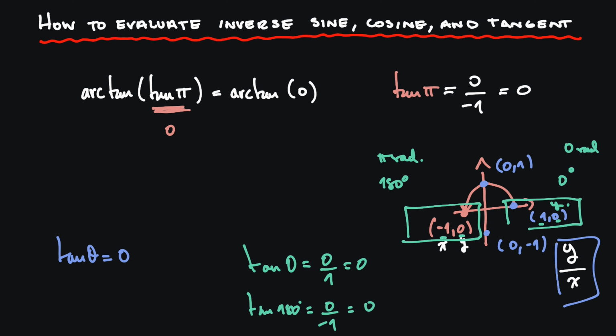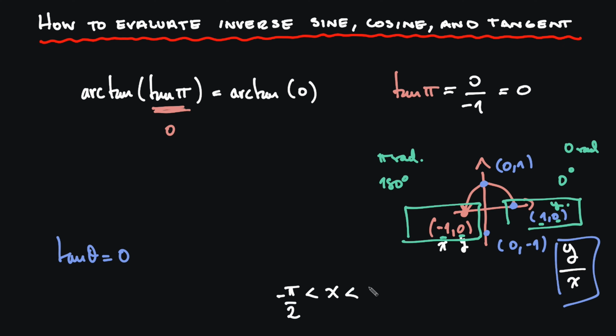It shouldn't be a problem to decide which one it is, because remember that we defined, let me erase this, we already know the two options. Remember that we defined that the angle we're looking for, in radians, is going to be between -pi/2 and pi/2, right?